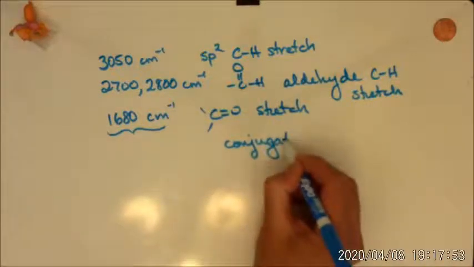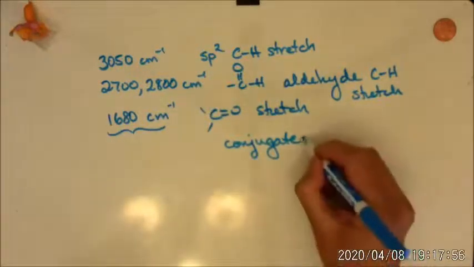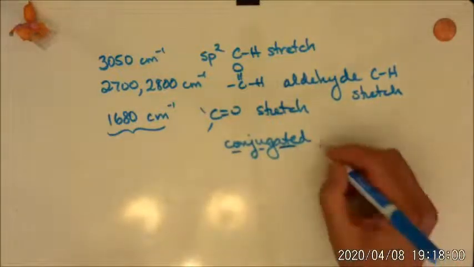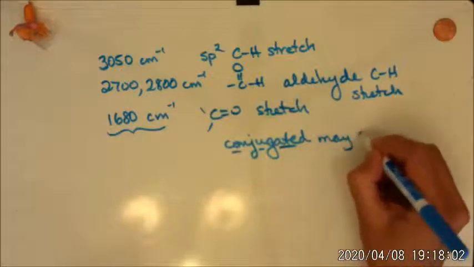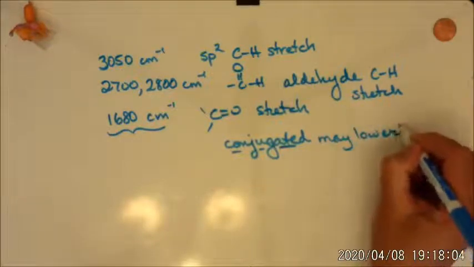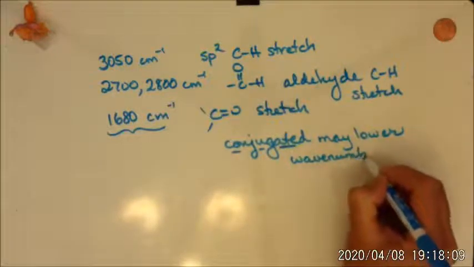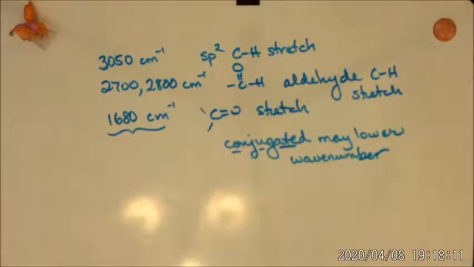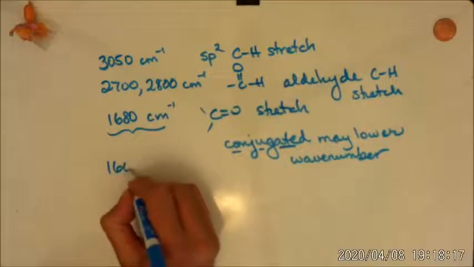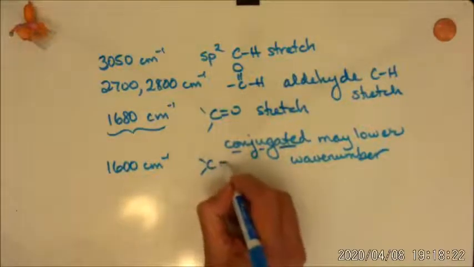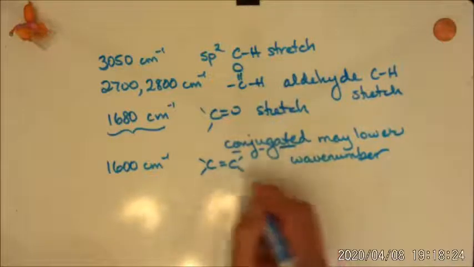And so my wave numbers go down, maybe lower. Okay, so there's some consistency here. Okay, then we look and we have a 1600 wave numbers. That's my carbon, double bonded carbon stretch.